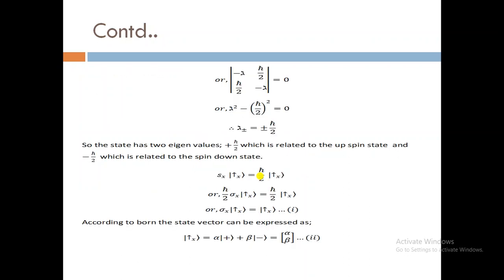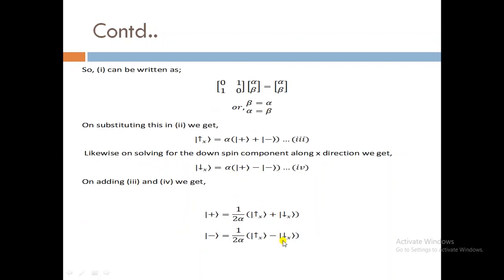You carry one time, put here sigma x |↓x⟩ equal to minus |↓x⟩, and the other same ħ/2 will cancel. While putting, here would be minus, so alpha equals minus beta and beta equals minus alpha.